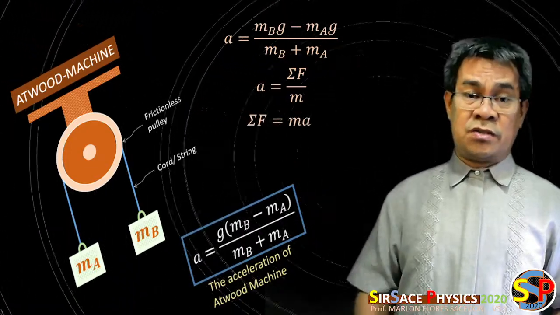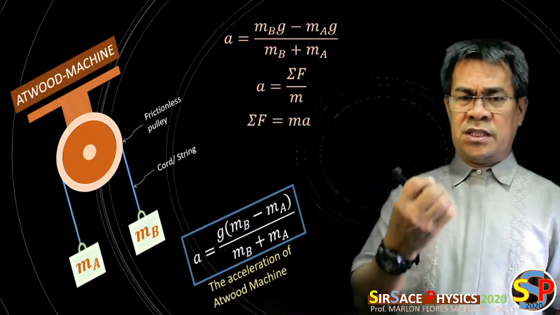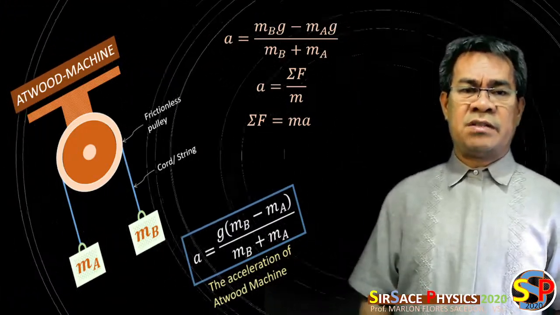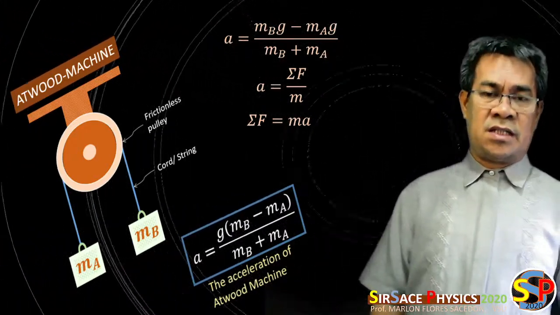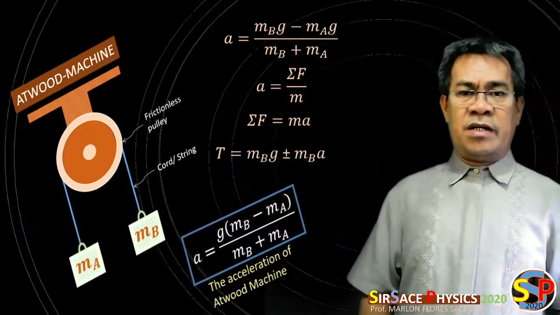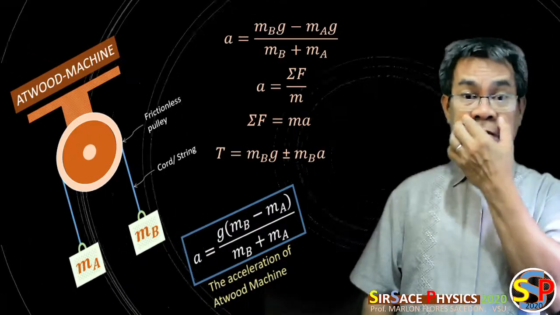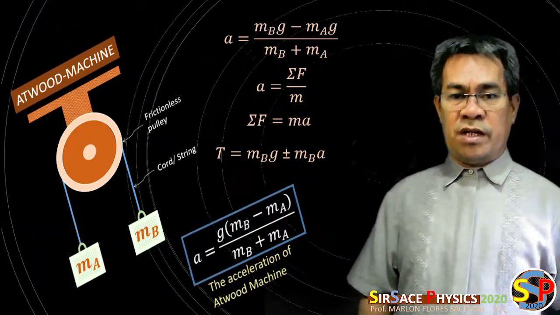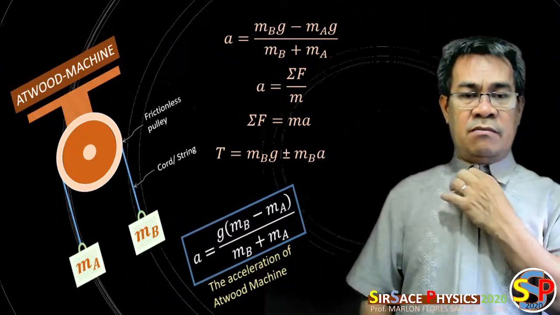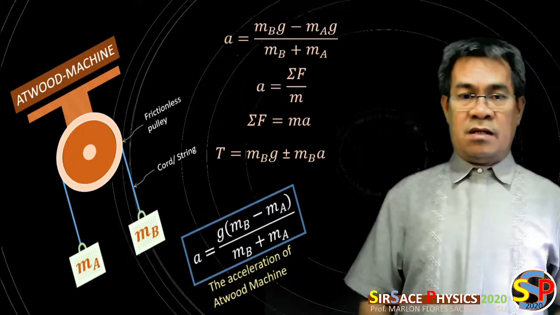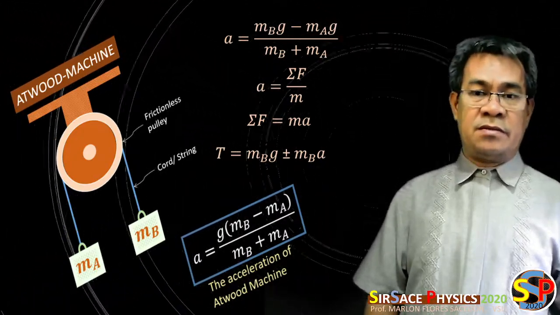And we call this the second law of Newton. The net external force is the product of the mass times the acceleration. While the tension can be computed as the mass of object B times the acceleration, plus or minus the mass of B times the acceleration of the system, coming from the formula.